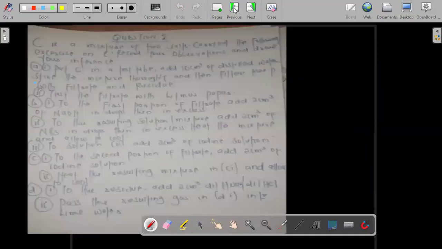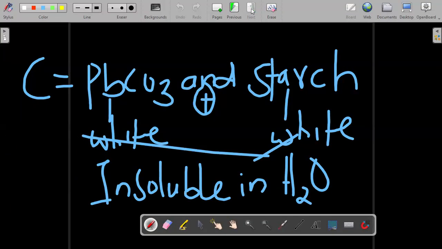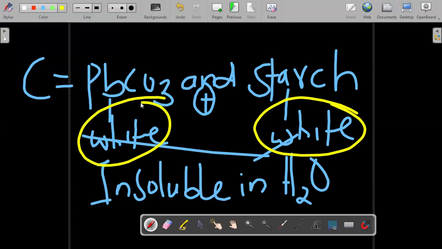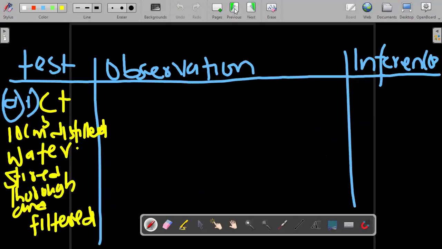Remember I just told you that these two salts are insoluble in water. Both of them are white. That means if I add that 10 cm cube of water, the salt will not dissolve. Take for instance, have you ever added sugar or salt to water before? What do you see? The sugar dissolves completely in the water, right? Yes, sir. So it means the sugar is soluble in water, meaning it dissolves. But in this case, these two substances are insoluble.